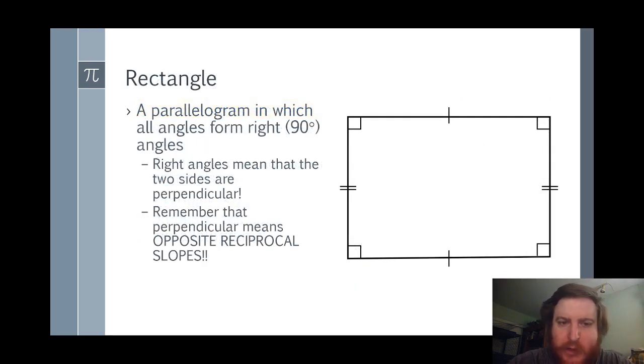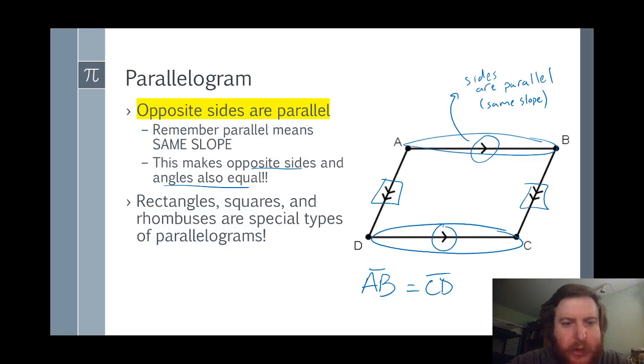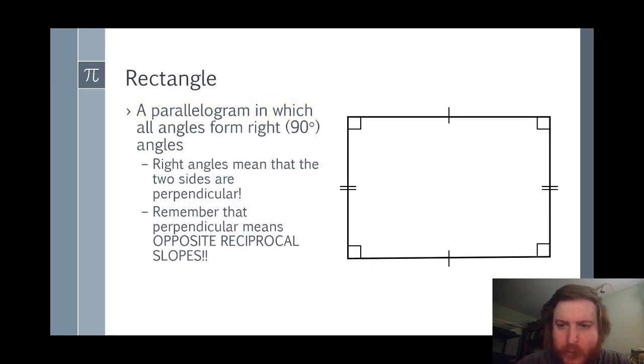A rectangle is basically a special type of parallelogram where our angles are 90 degrees, right? So we knew that the opposite sides were equal. This one dash and one dash tells us that the opposite sides are equal. Now we could also have the arrows as well to show that they're parallel.